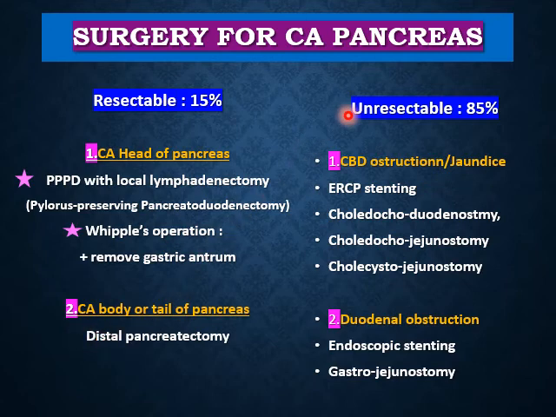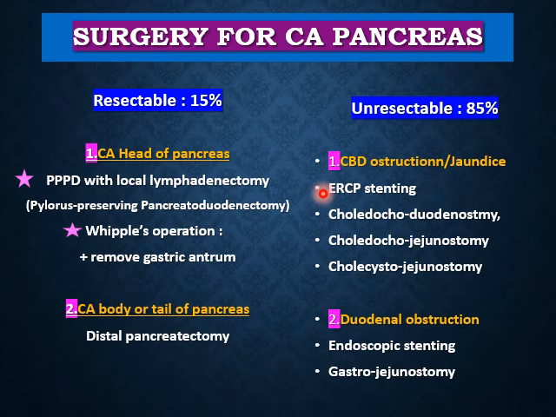In the majority of cases, 85% of cases, at diagnosis on admission the tumor is unresectable. So in these patients, there are two operative procedures that can be done. First is when the patient has developed jaundice due to CBD obstruction by the tumor.